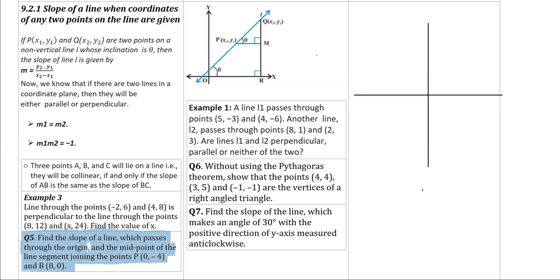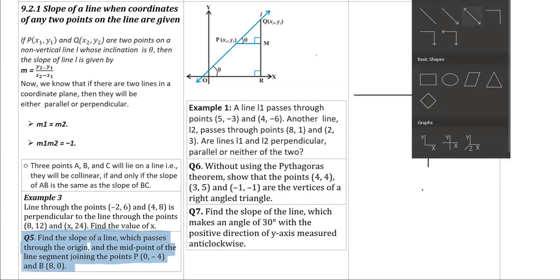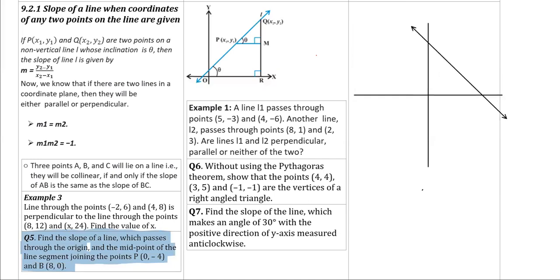And now a line, say I'm making another line. It's a line segment. Find the slope of a line which passes through the origin and the midpoint of the line segment. So we should take a line segment. Let's say I'm making a line segment this time. I made a line segment here. And this line segment is obtained by joining 2 points.